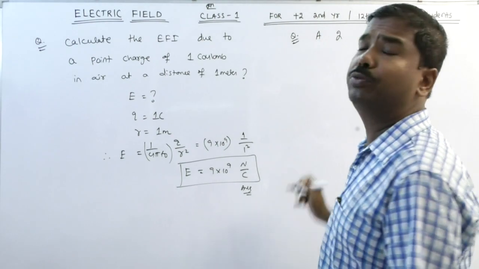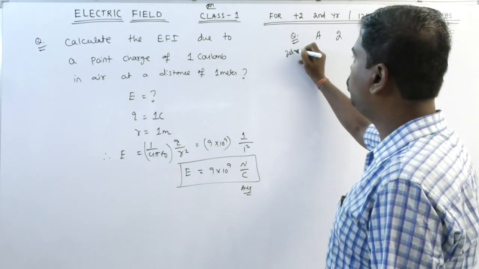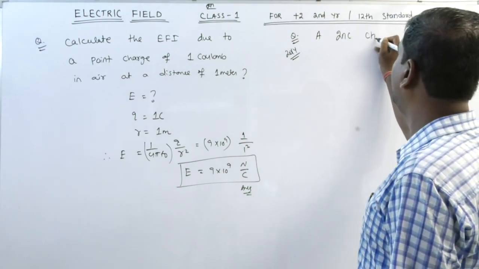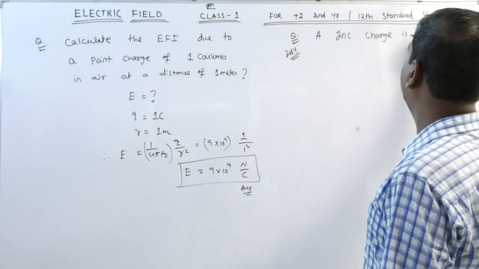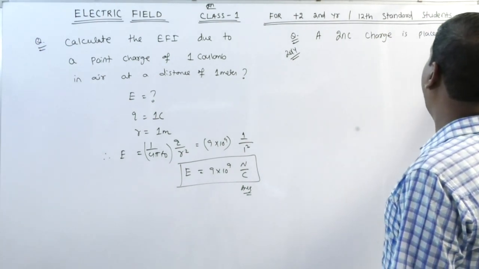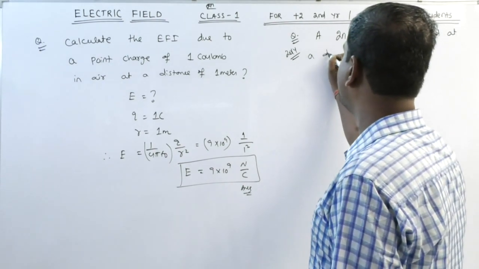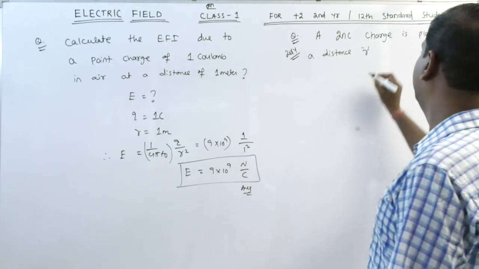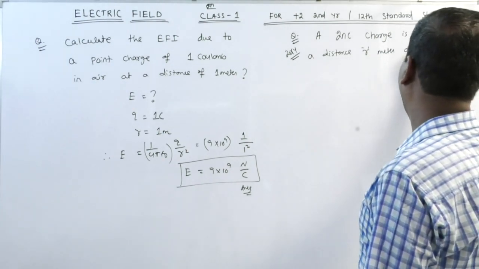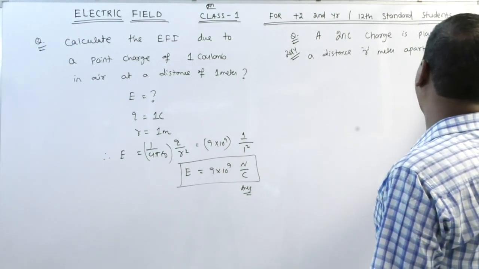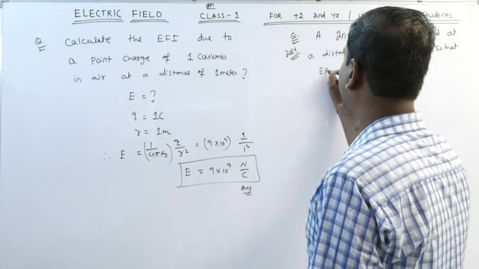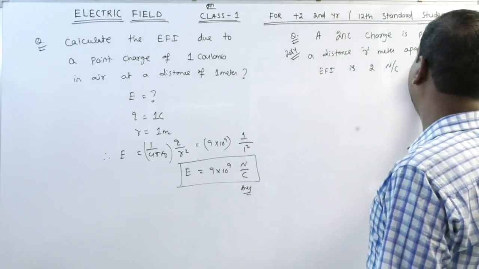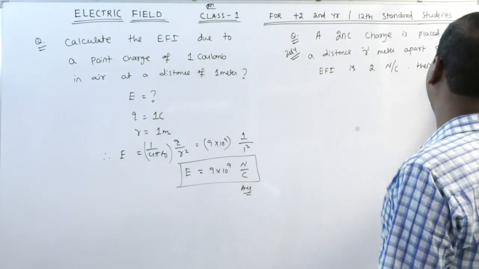A 2 nanocoulomb charge, I hope it is 2014, a 2 nanocoulomb charge is placed at a distance R meter apart, so that electric field intensity is 2 Newton per Coulomb.